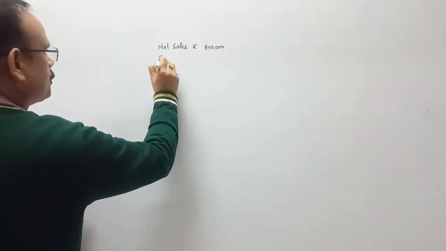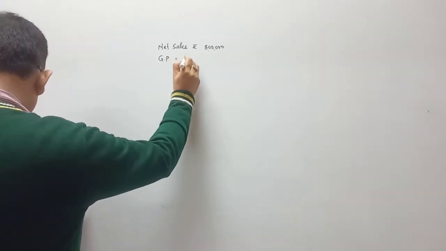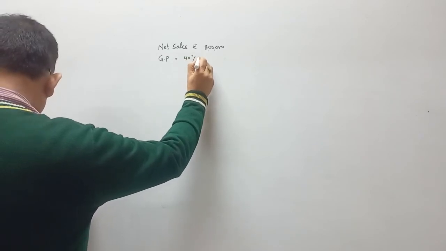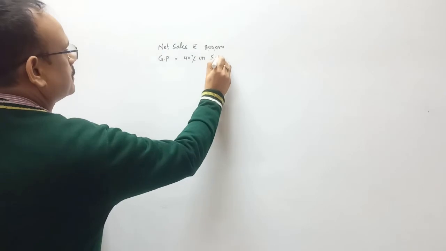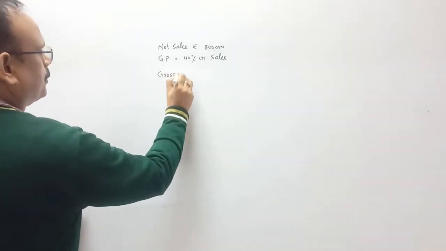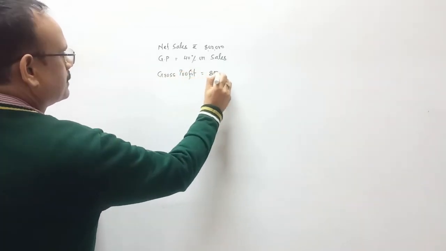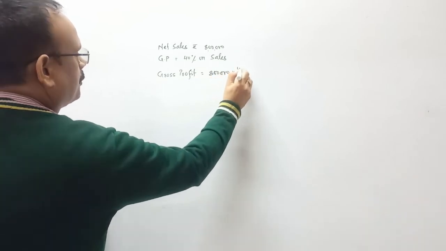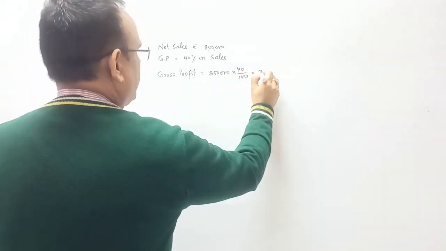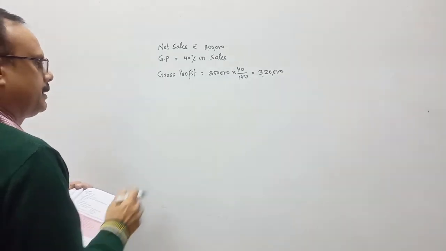Gross profit is 40% on sales. So gross profit is equal to 40% of 8 lakhs, which is 3,20,000.